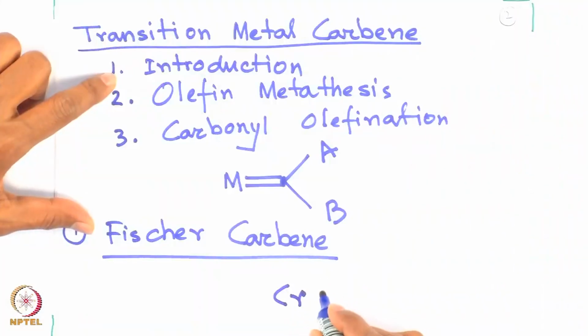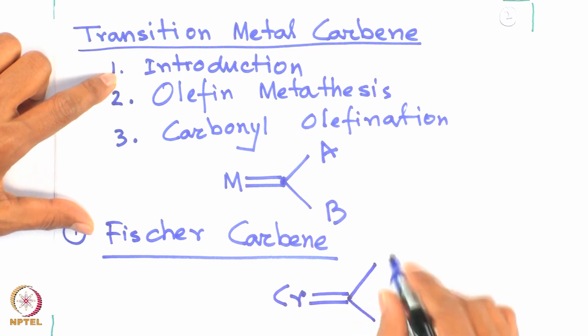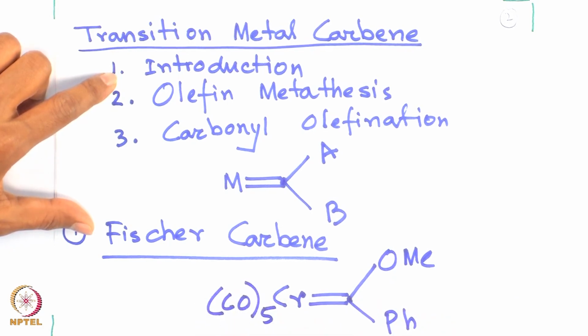With one example we will try to discuss their inherent properties and the type of ligand that is associated with the metal center. One example that you might want to remember for the Fischer carbene is the one where you have the chromium complex. Let us look at the characteristic features. The chromium complex is associated with the carbene center with two atoms associated with the carbon center, and this is a pentacarbonyl species.